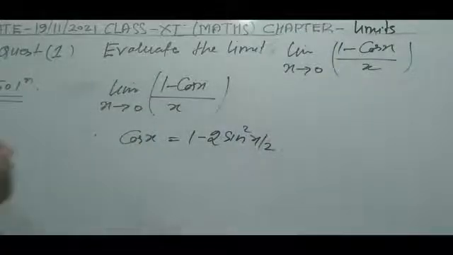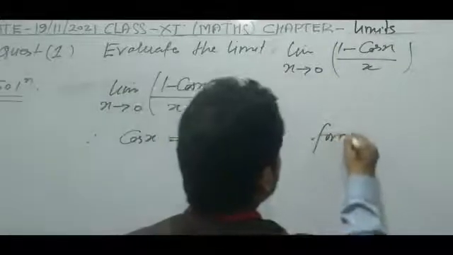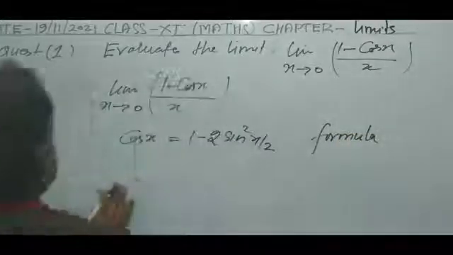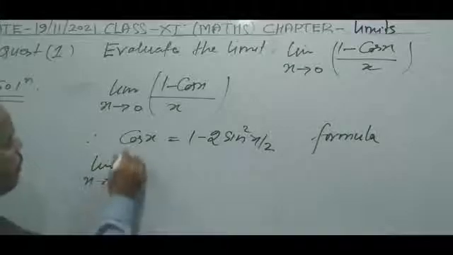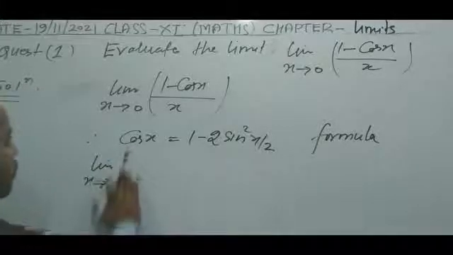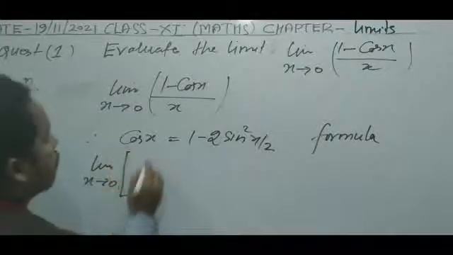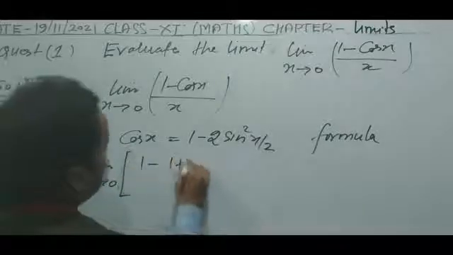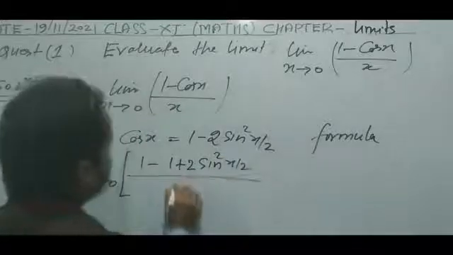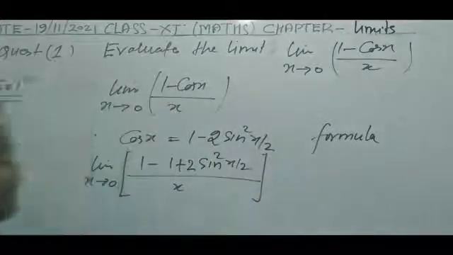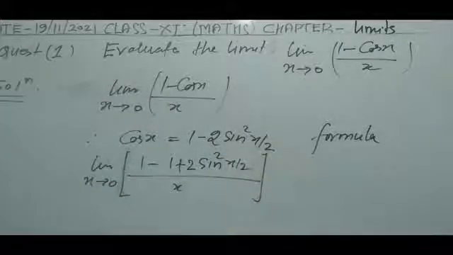This is the formula. Therefore, limit x tends to 0, 1 minus 1 plus 2 sine square x by 2 whole upon x. This is clear.